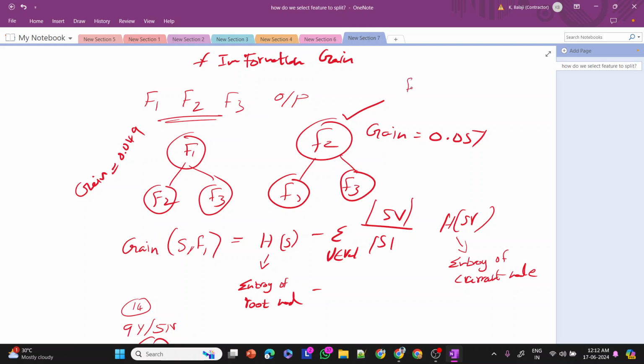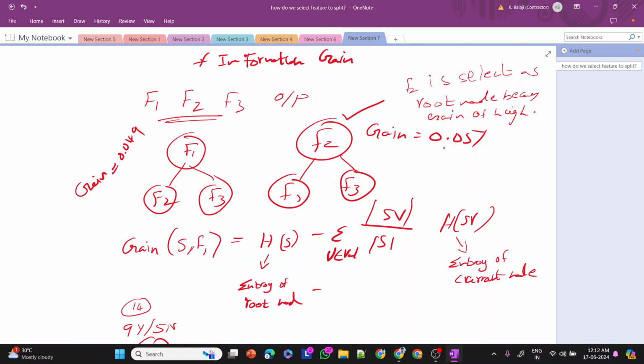So F2 is selected as the root node because it has the higher gain.